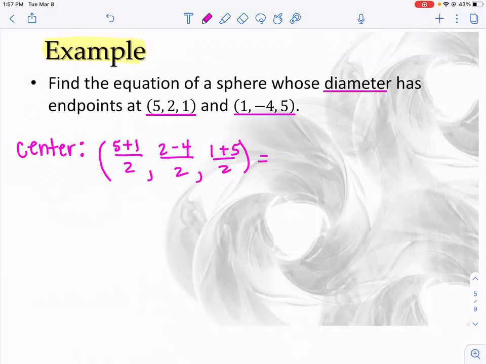Jane, what's our midpoint? Okay. Now we need the radius. We have 2 different ways we can find the radius.